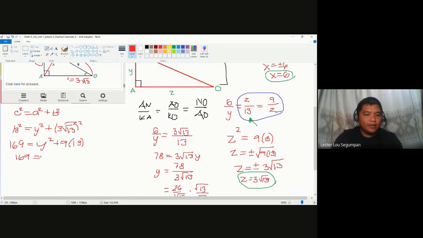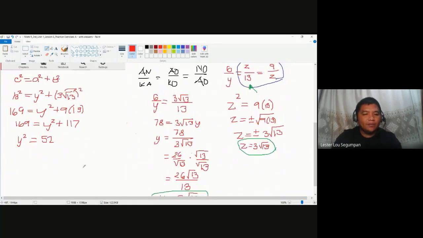169 is equal to y squared plus 9 times 13 is equal to 117. Subtract both sides, y squared is equal to 169 minus 117 is 52.